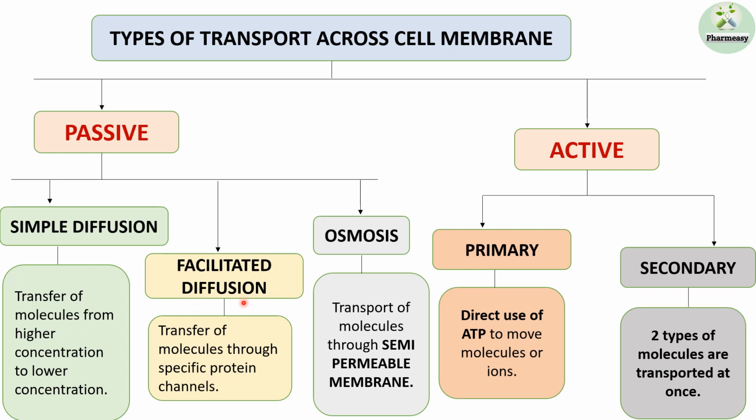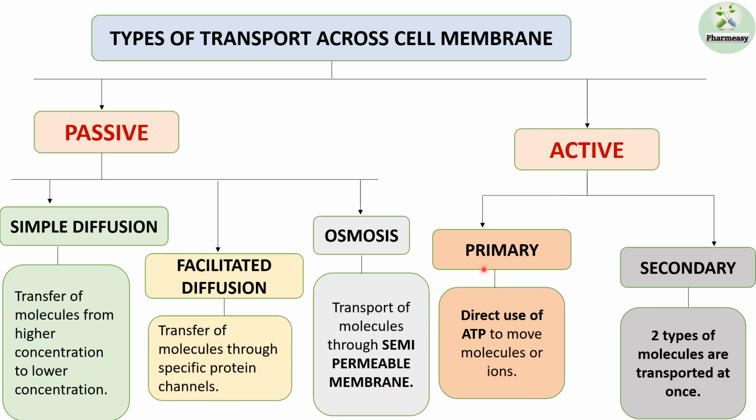In this, transport of molecules or ions from higher concentration to lower concentration through specific protein channels and no ATP is consumed. Last type is osmosis, transport of molecules or ions from higher concentration to lower concentration through a semi-permeable membrane, and the solvent used is water.